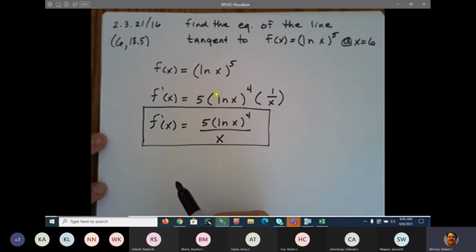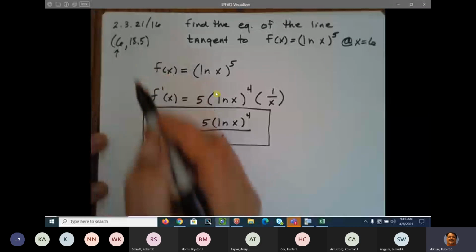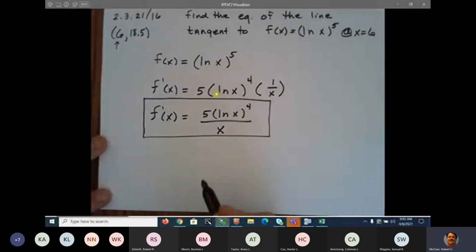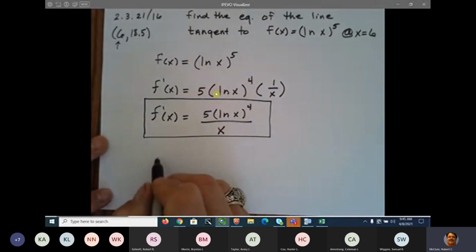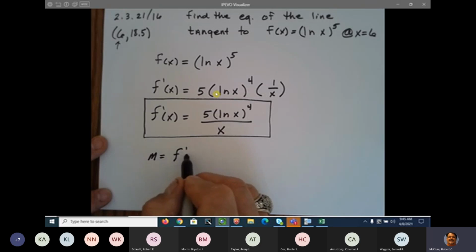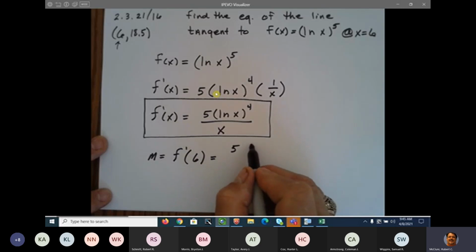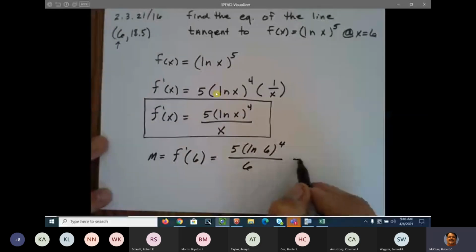And this is our x, so we got to find the slope so we can plug it into the point slope equation. So plug that 6 in to get our slope. So slope is going to be equal to f prime of 6, which is going to be 5 natural log of 6 raised to the 4th power over 6.